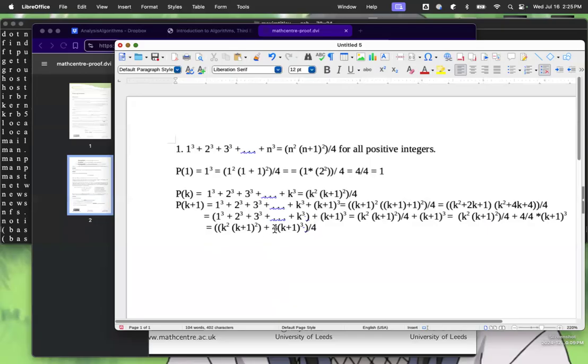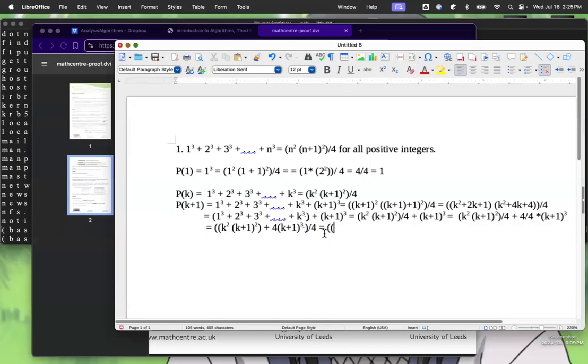So now here's what I need to do. I have 4 over here, k plus 1 cubed. And then over here, I'm going to have my other multiplied elements, right? So this evaluates as follows.